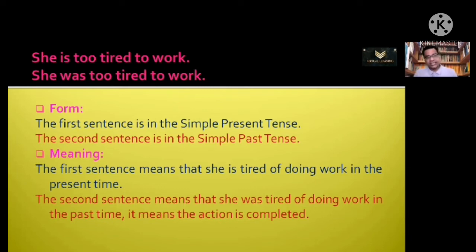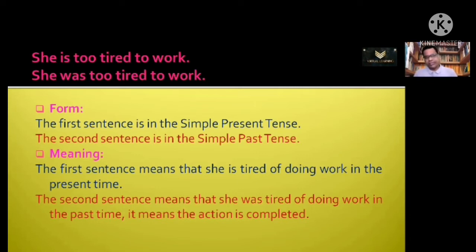Whereas you have the another sentence here, she was too tired to work. It means that she was tired of doing certain work in the past time, it means the action is already completed in the past.